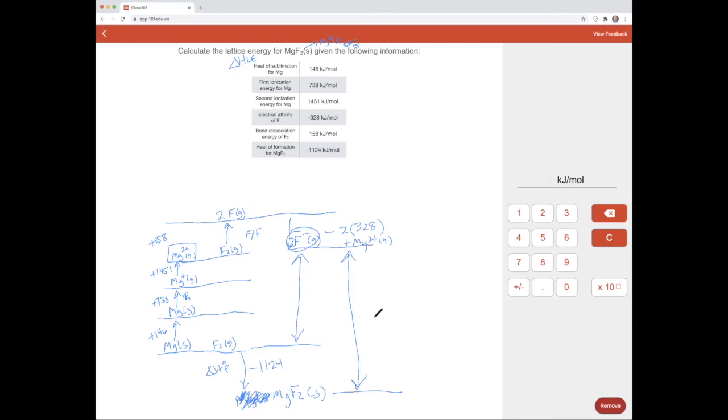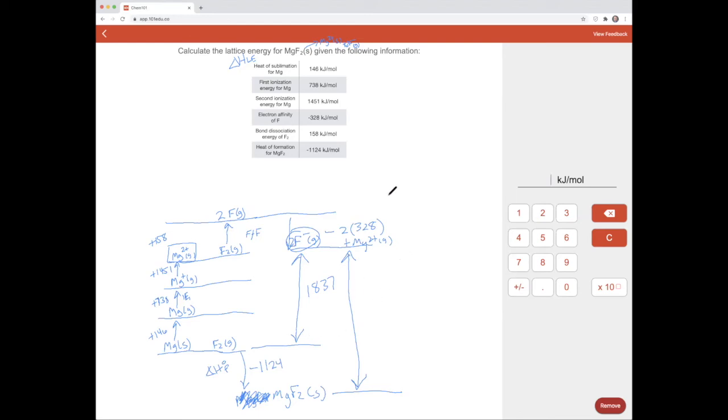I've got the 146 plus 738 plus 1451 plus 158, and I'm going to subtract 2 times 328. And I get 1837. So right there, that's it. That is 1837.